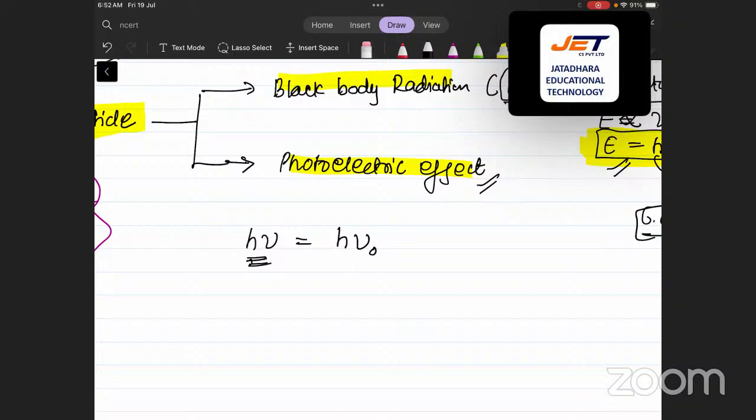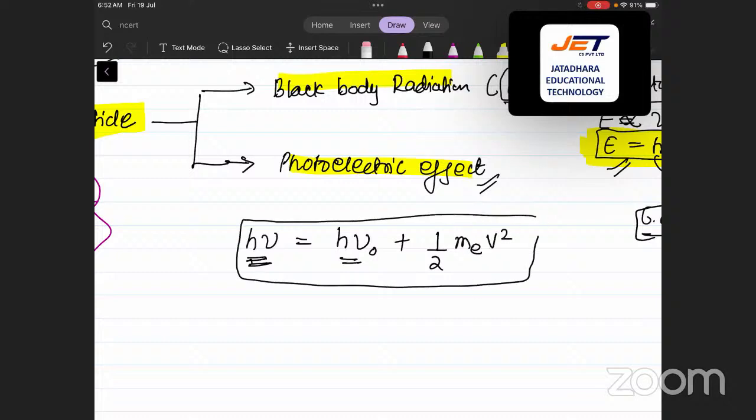So whatever energy I am providing, first this much energy will be used for the ejection of the electron. Now, if we are left with extra energy, that will be used for increasing the speed of the electron, which is basically the kinetic energy of the electron, right? And kinetic energy, which you have learned in physics, is equal to half mv square.